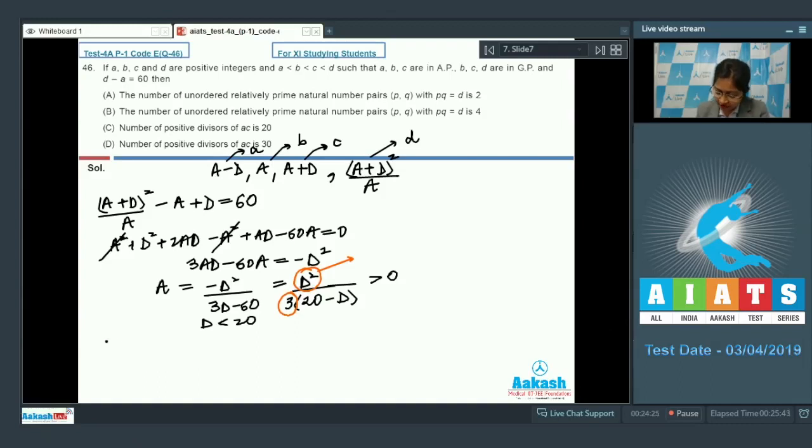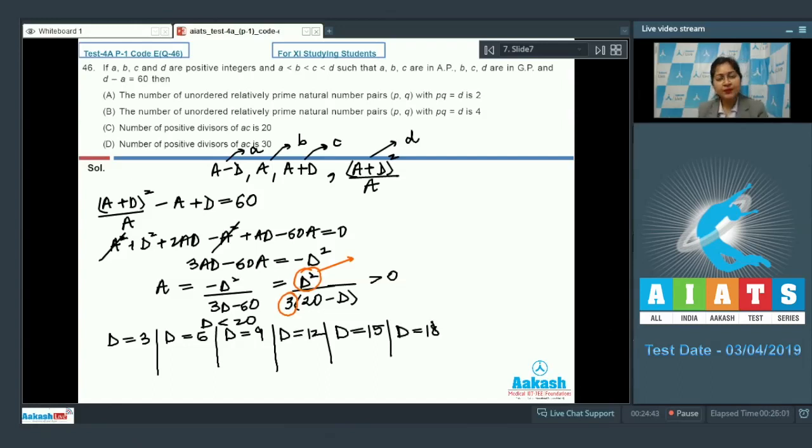So we can take D equal to 3, 6, 9, 12, 15, or 18. These are the possible values of D.